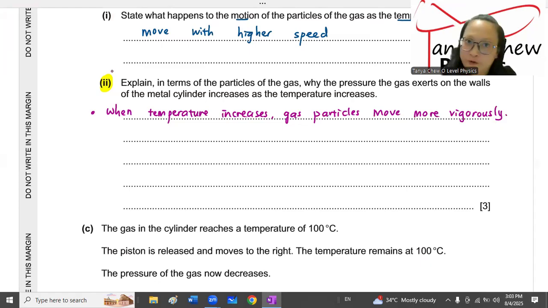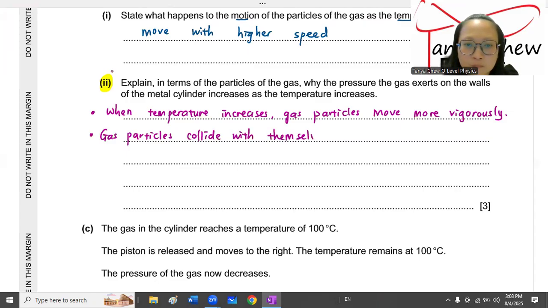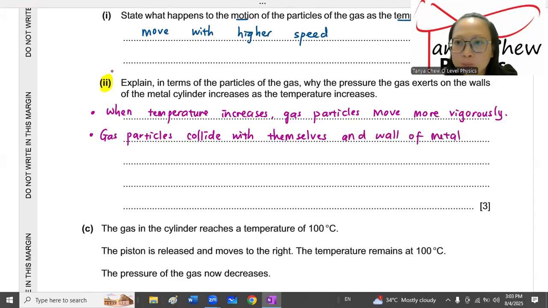Try to use words like vigorously, more random, right? Gas particles collide with themselves and wall of metal cylinder more often.